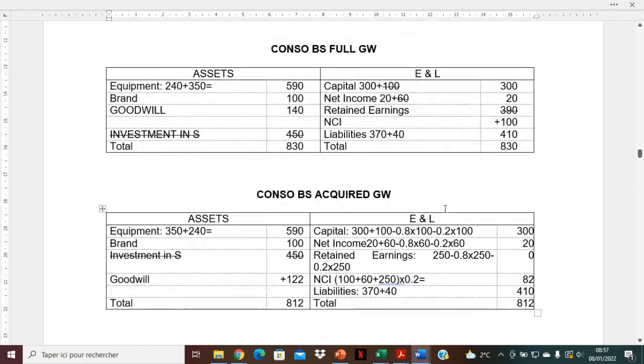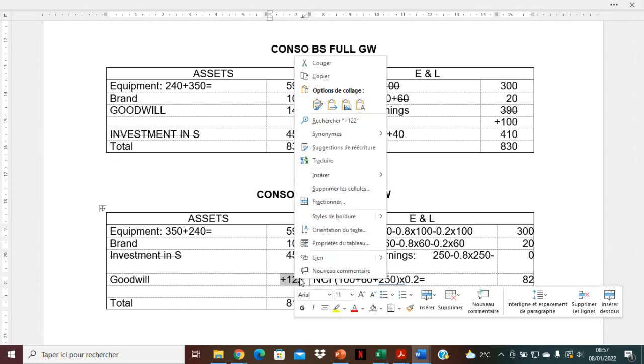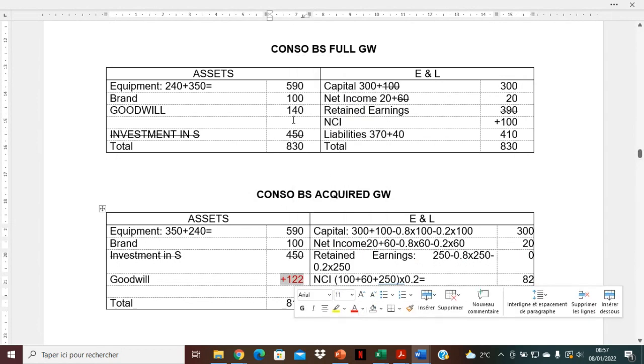When I compare the numbers, we see that the equipment value is the same, the brand value is the same. All the asset values will be the same in the two methods except for goodwill. So full goodwill is 140, acquired goodwill or partial goodwill is only 122. That's where we have a difference.